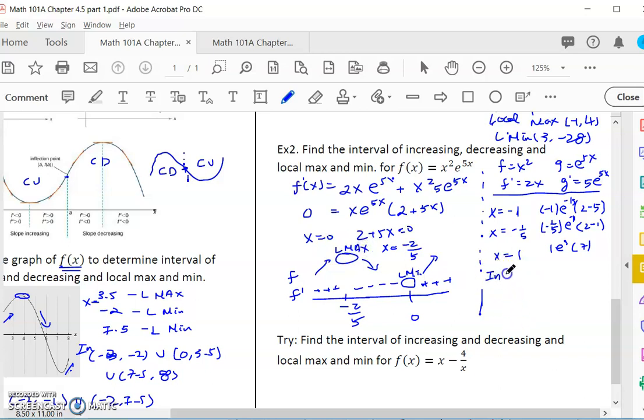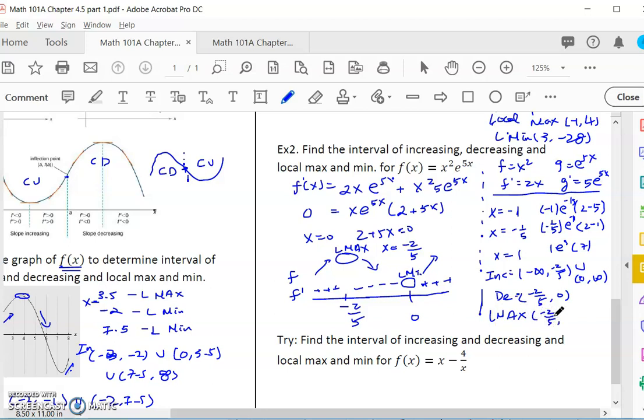Increasing is from negative infinity to negative 2 over 5, union from 0 to infinity. Decreasing is from negative 2 over 5 to 0. The local max is at negative 2 over 5.